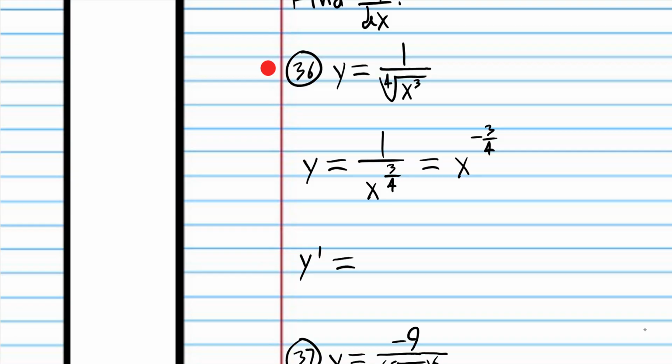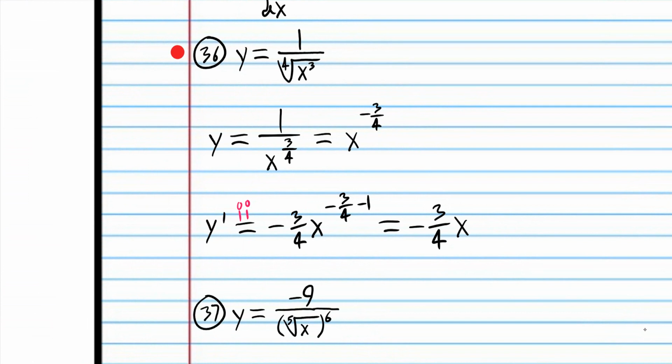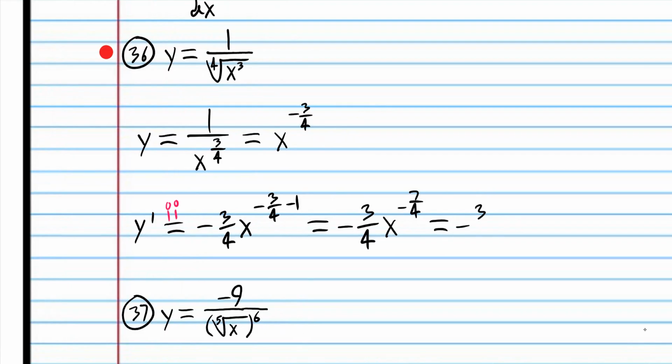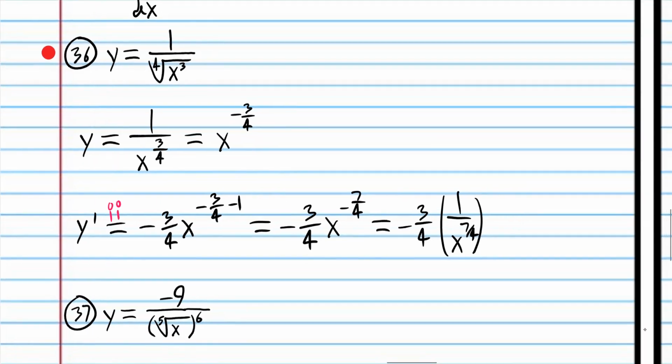So now we can find the derivative using the power rule, differentiation formula number 2. So then we get negative 3/4 x to the negative 3/4 minus 1, which is negative 3/4 times x to the negative 7/4. We don't like negatives in the exponents, so we're going to change to 1 over x to the positive 7/4. And we don't like fractions as exponents, so we're going to change that to 1 over the 4th root of x to the 7th.